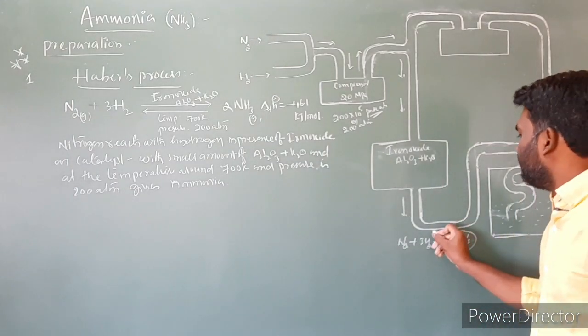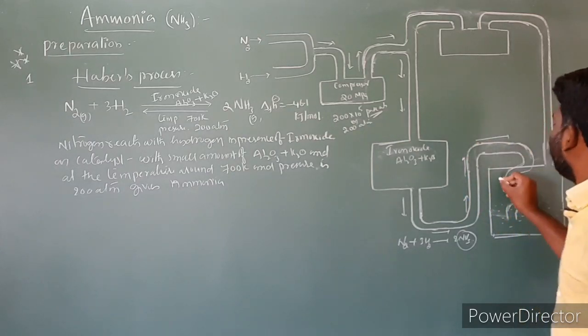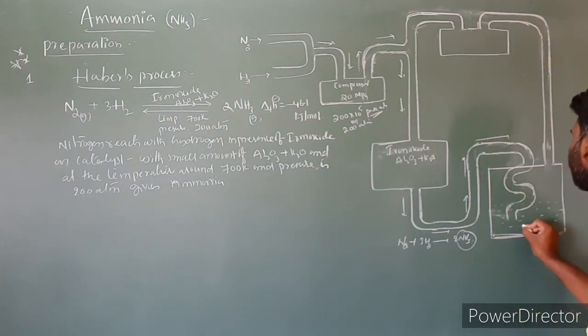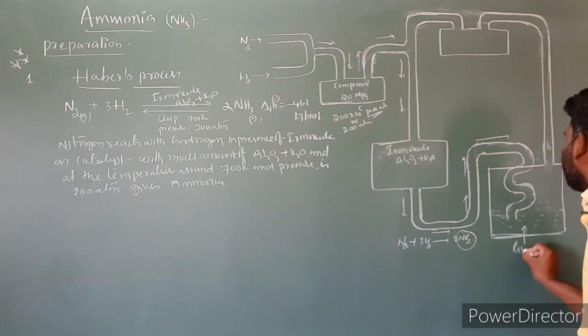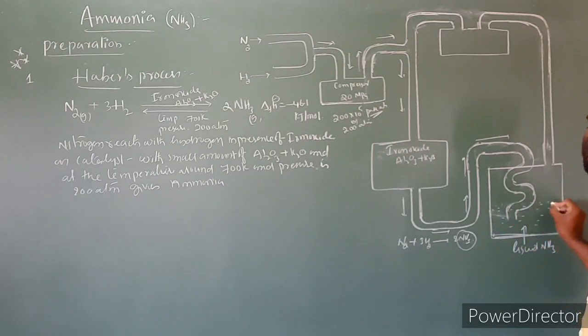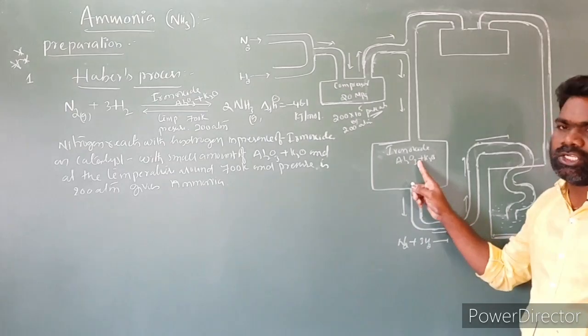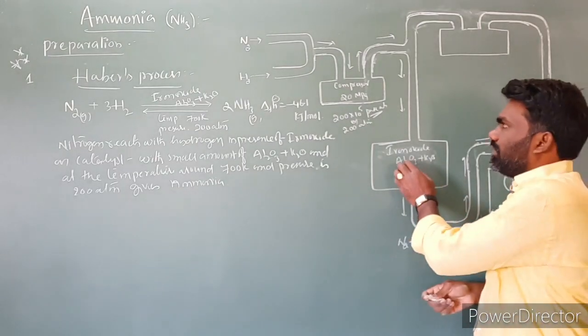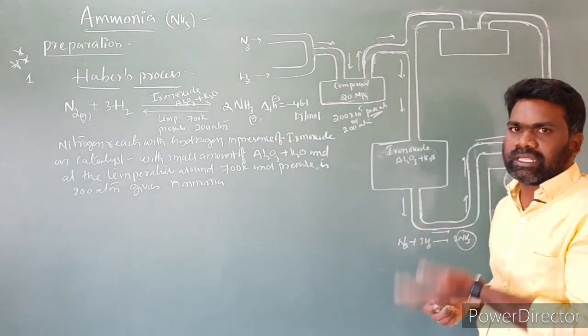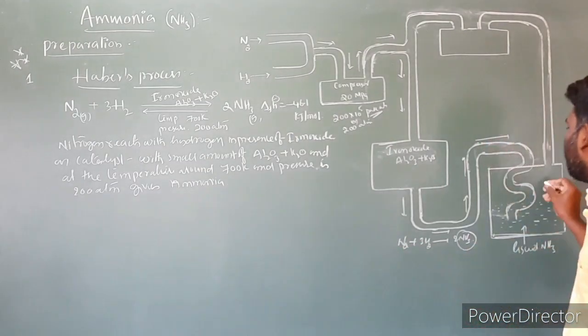This ammonia formed goes into another chamber, where we get liquid ammonia. All the N2 and H2 molecules may not have reacted, so the unreacted nitrogen and hydrogen gas will come out here.